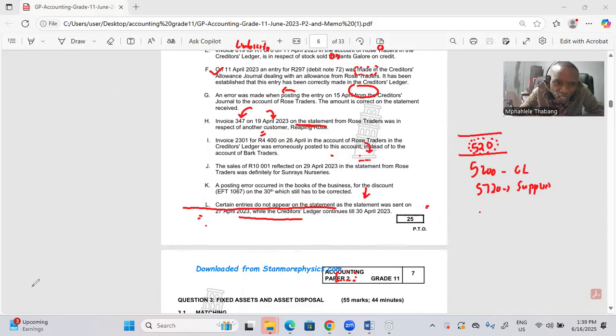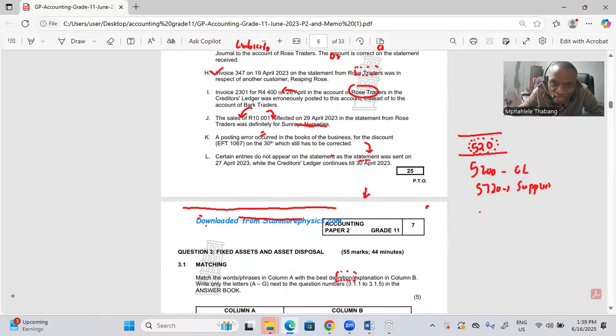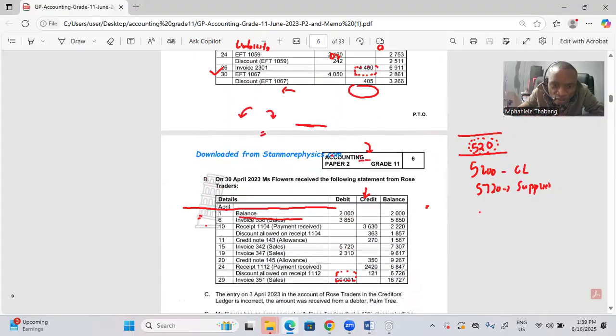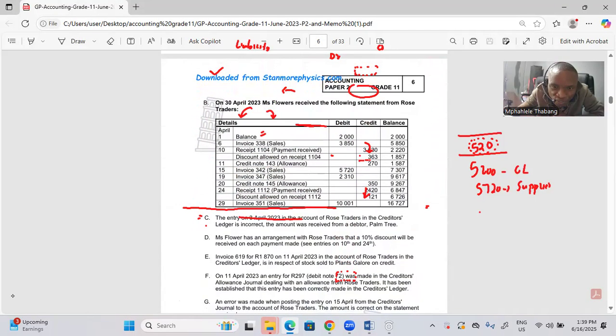So let's go to the invoice 347 on the 19th, yes, invoice 347. The supplier charged us 2,310, but this was incorrectly recorded here in the statement.